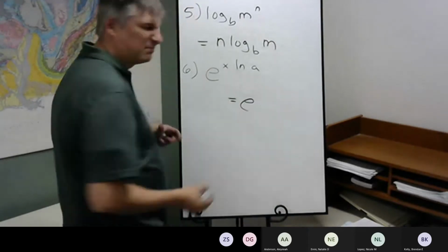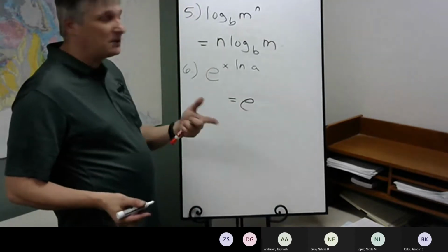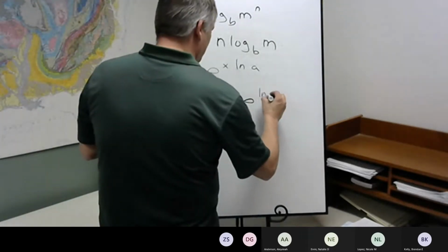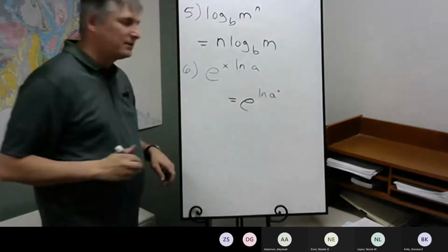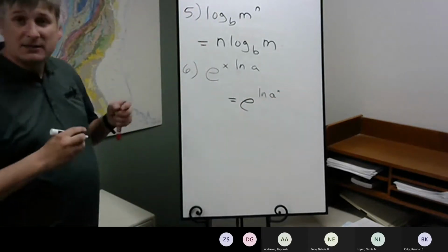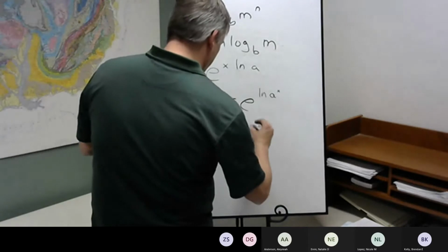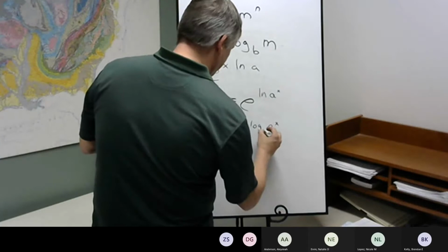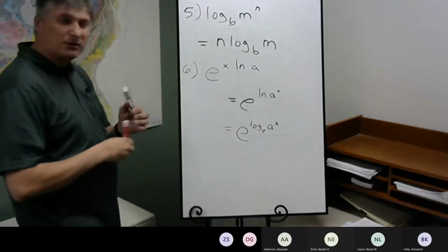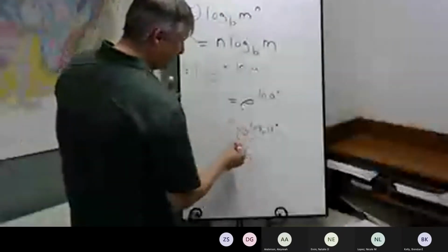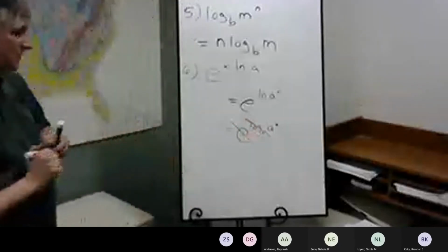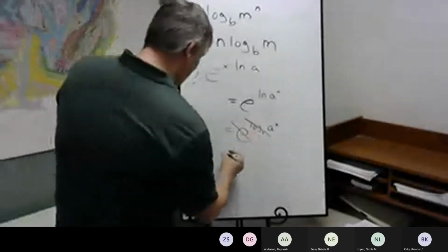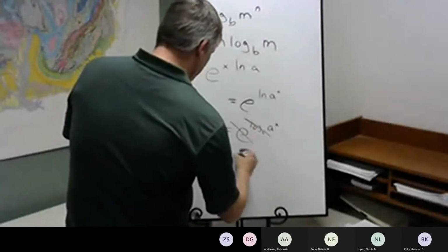So here's e, the 2.71828 number, goes on forever, an irrational number. So this x becomes an exponent to that a. And the natural log, well, that's log base e. So the base cancels, the log cancels, because the log and the exponential expression have the same base. And that just leaves a to the x.